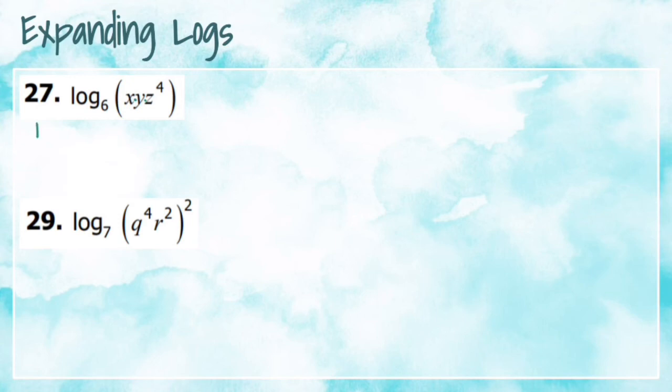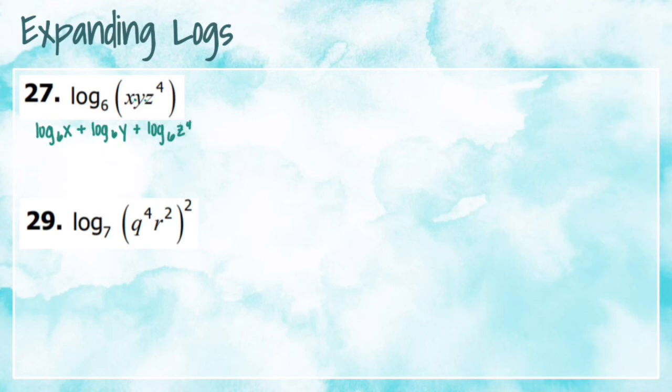We're going to have log base 6 of x, and then remember that multiplication translates to addition. So log base 6 of x plus log base 6 of y plus log base 6 of z to the 4th power. So we've expanded some, but we still have this exponent that we can bring down.